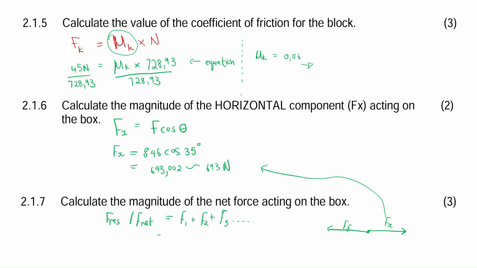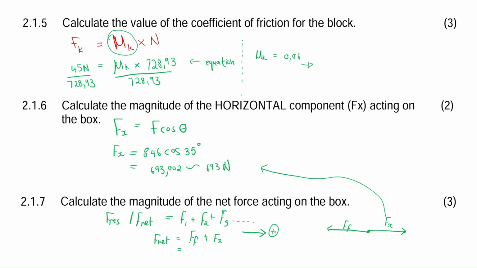Well, knowing that, I can then therefore say that F net is equal to the force of friction plus the horizontal component of the F applied force, F of x. And once I have that down, I can substitute my values in. But before I do that, I have to choose a direction as positive. And in this case, I'm going to be going east as positive.